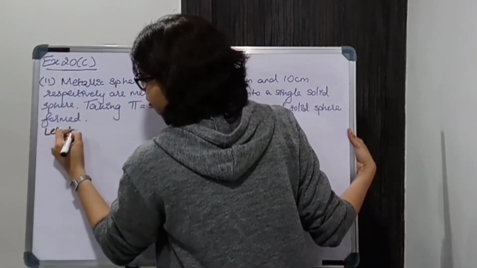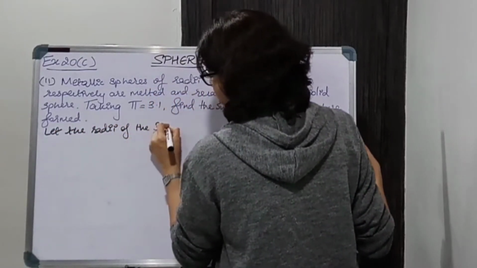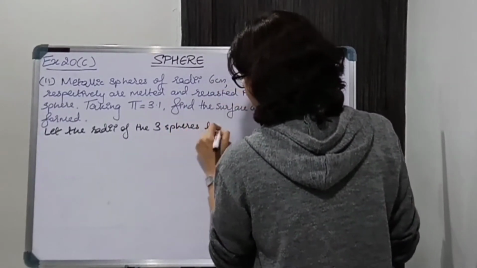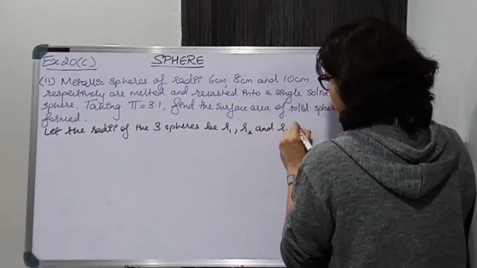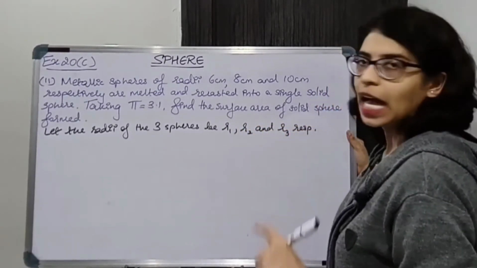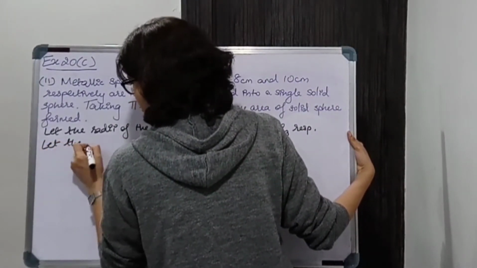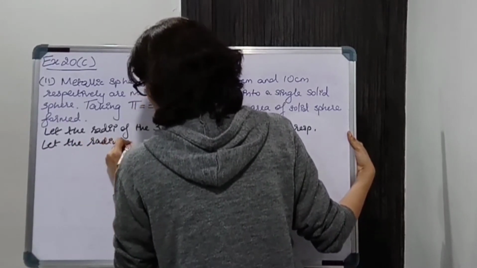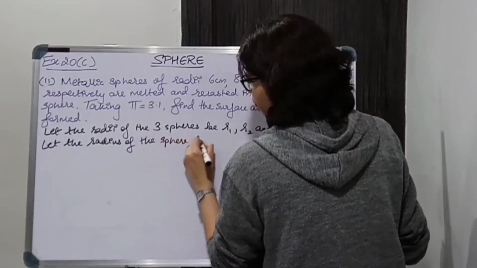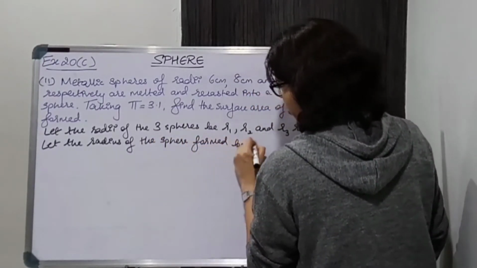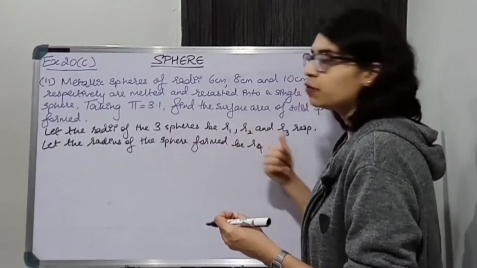Now let the radii of the 3 spheres be R1, R2 and R3 respectively, and let the radius of the sphere formed be R4.